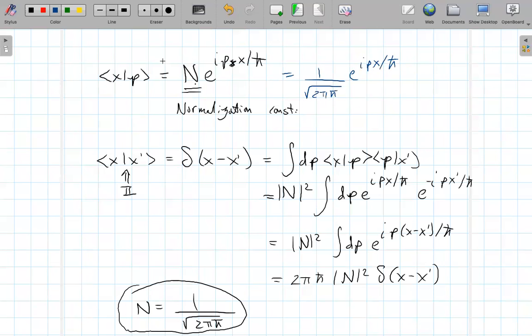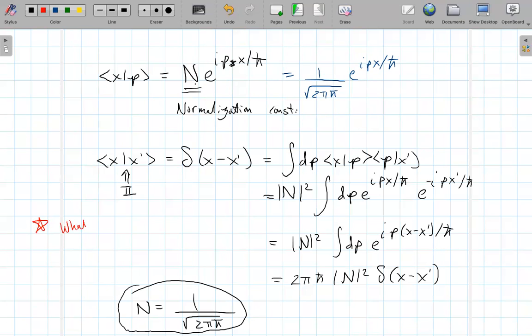Okay. Now again, we just have to remember that when we're doing this integral, or whenever we use this, we're holding one of these two guys constant. So if I'm integrating over the momentum, you're holding position constant while you're integrating over the momentum, or if you're integrating over position, you're then holding momentum constant while you're integrating over the position. Okay. So whatever it is that you're integrating over, the other one is held fixed. So I'll put that asterisk over here.